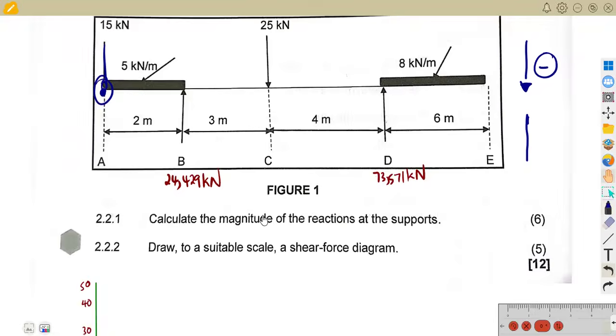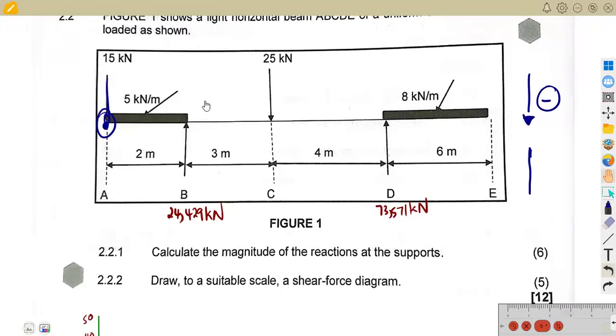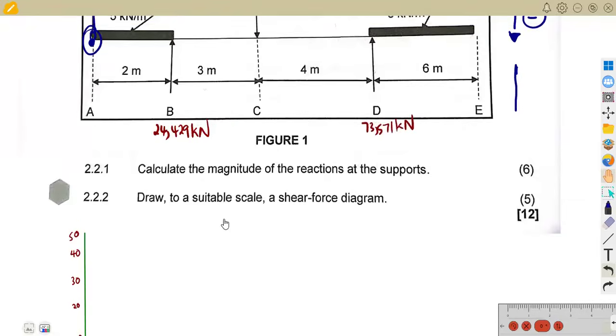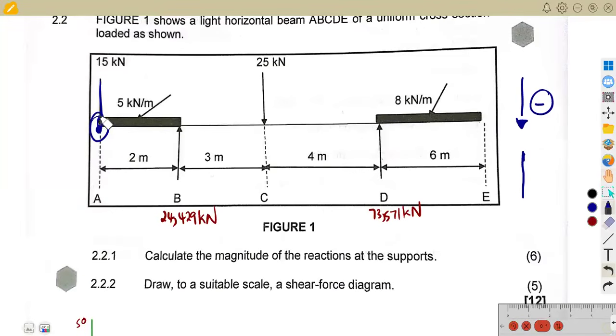So you're going to go down from 0 up to negative 15, which is approximately somewhere there. So you mark your point there, which is at negative 15.